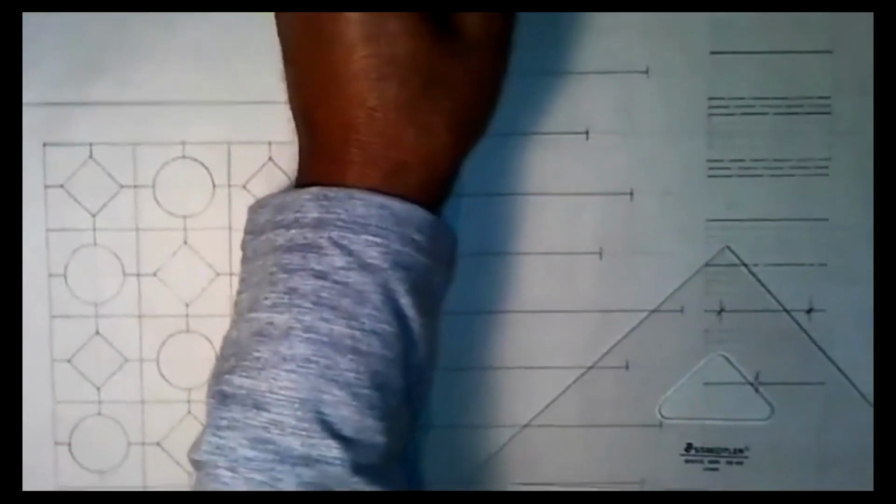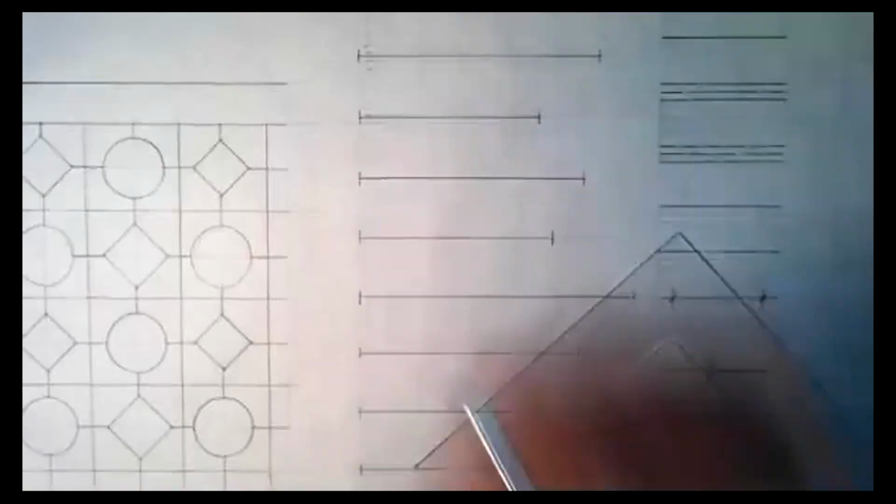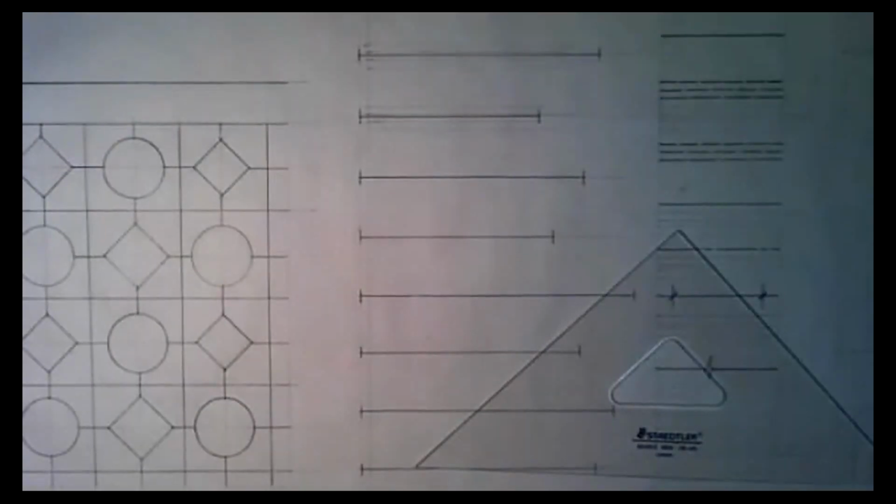Let me adjust it this way. What are we going to do first? Let me get this straight. Straighter. There we go. Well, I had it perfect initially.